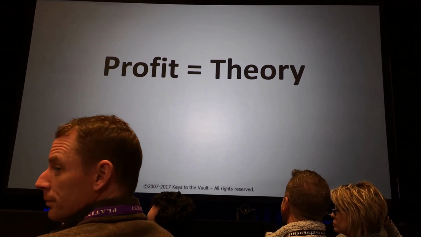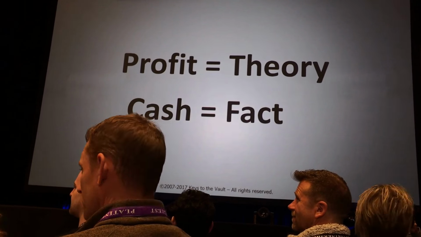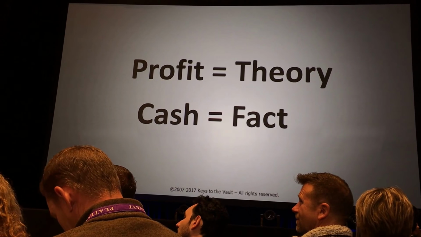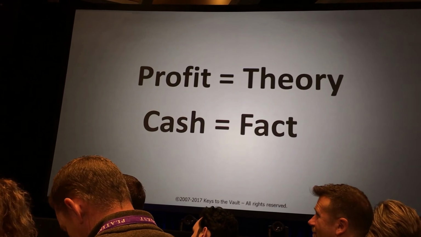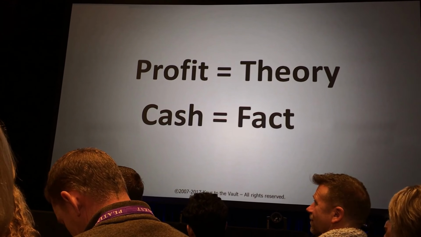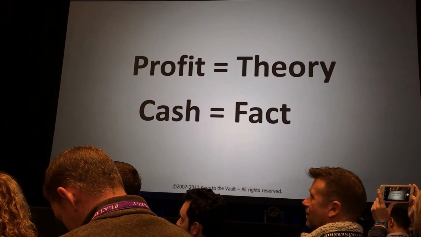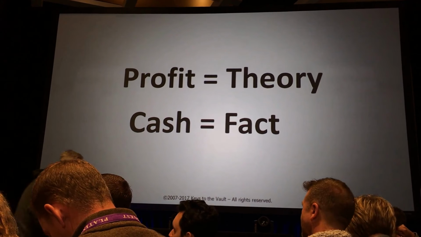You and I both know that profit is a theory and cash is a fact. You and I both know that in order to have optics, I got to have 3 pieces of paper. 3 dials in my cockpit. I got to have a balance sheet, an income statement, and a statement of cash flow.